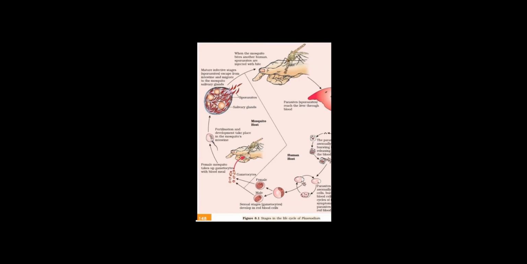So the mosquito is to be considered as the primary host, human is to be considered as the secondary host over here. And you could see that it's the mosquito which is spreading it from one person to another person. So we say that it is also a vector. Mosquito is also playing the role of vector other than playing the role of primary host.